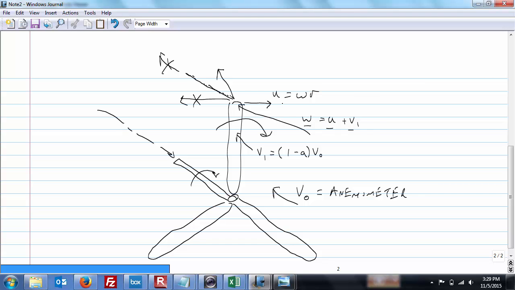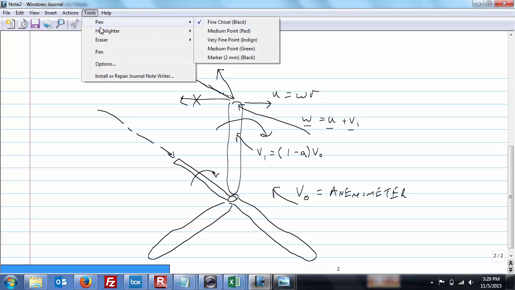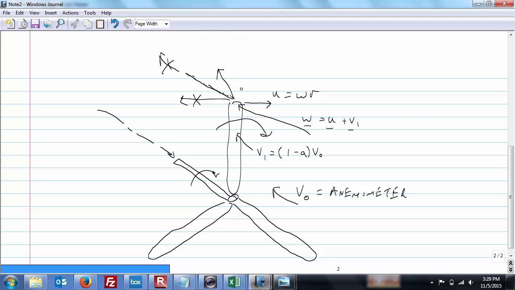So to be more correct, what I should really be doing here is drawing, let me just redraw. I'm going to redraw U, and I'm going to redraw V1 so that they actually add up.